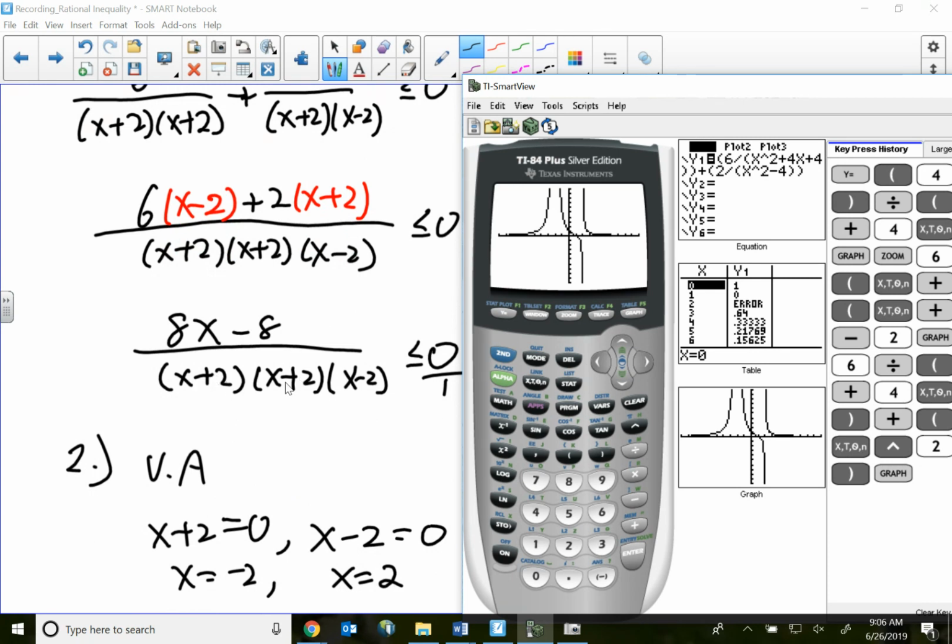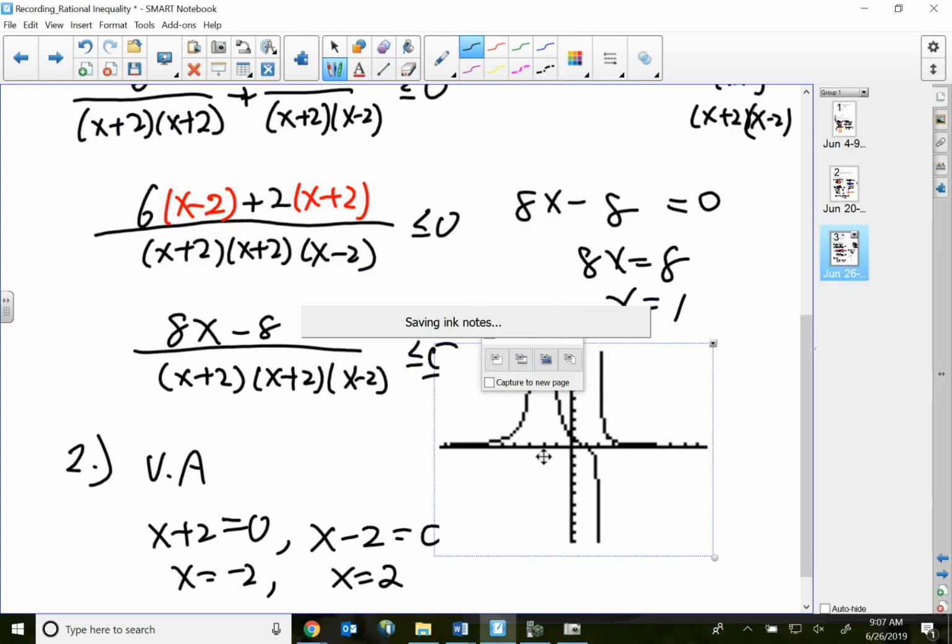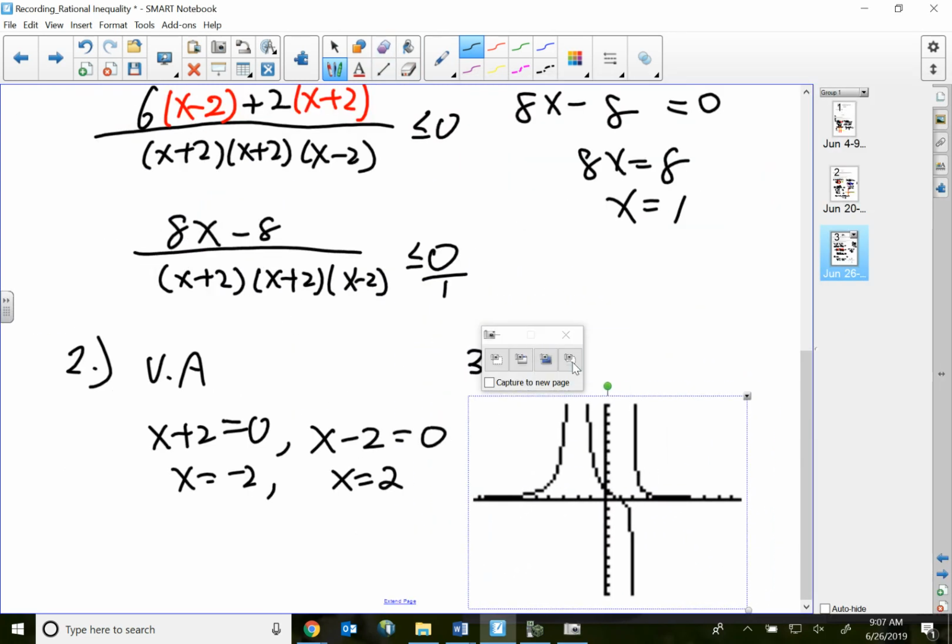By the way, x times x times x down here is actually x to the third. So the degree of the numerator is less than the degree of the denominator. So again, the x-axis, or y equal to 0, is going to be the horizontal asymptote. So my function does cross over the horizontal asymptote, the x-axis, at x equal to 1 right here. That's what it shows right here. So we were doing it right.